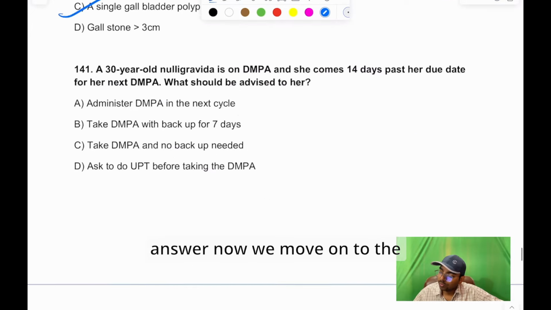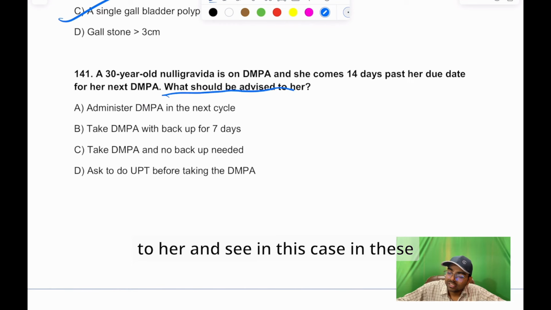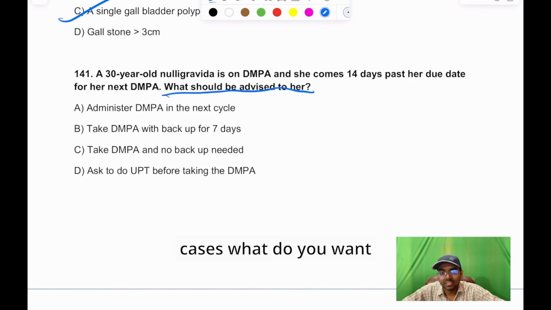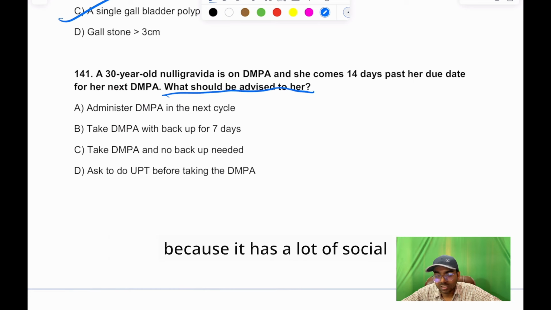Now we move on to the next question. She comes to you after you gave her the DMPA; what should be advised to her? And see, in these cases, would you want any unwanted pregnancy for a person, because it has a lot of social ramifications.